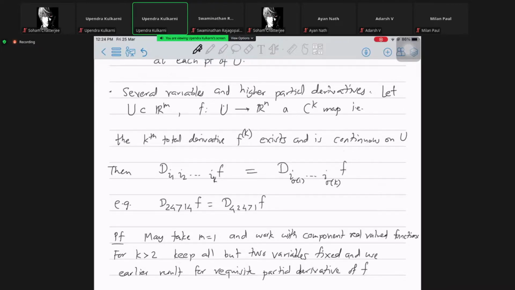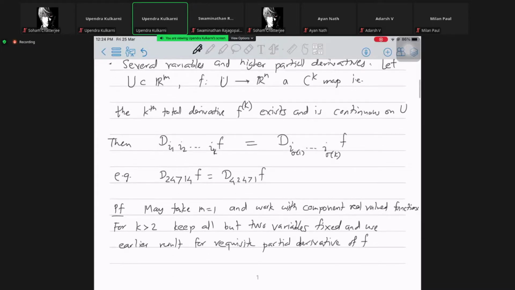And also I should really say in between, that's the remark, any permutation can be realized as a sequence of transpositions.